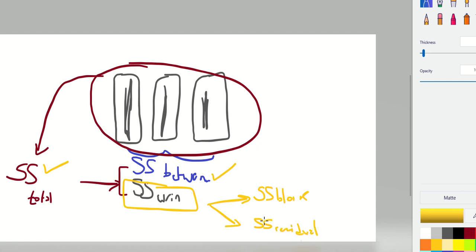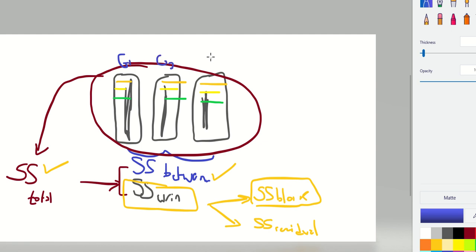Okay, so what is the sum of square blocks? This is when you have blocking. One situation is when you have the same person. So you have the same person measured first time, second time, third time, and then you have person number 2 measured first time, second time, third time, and then person number 3 measured first time, second time, third time.